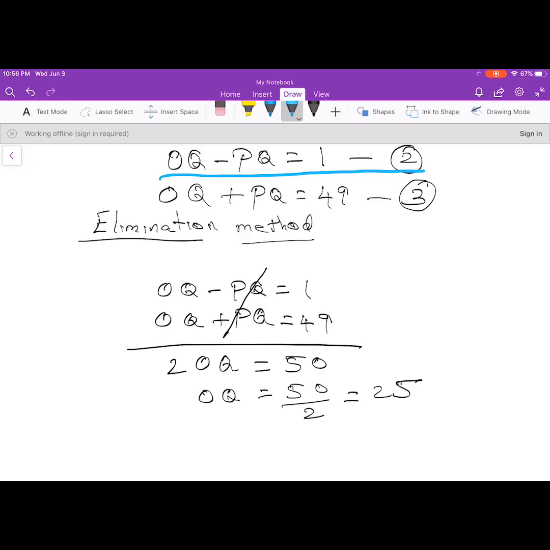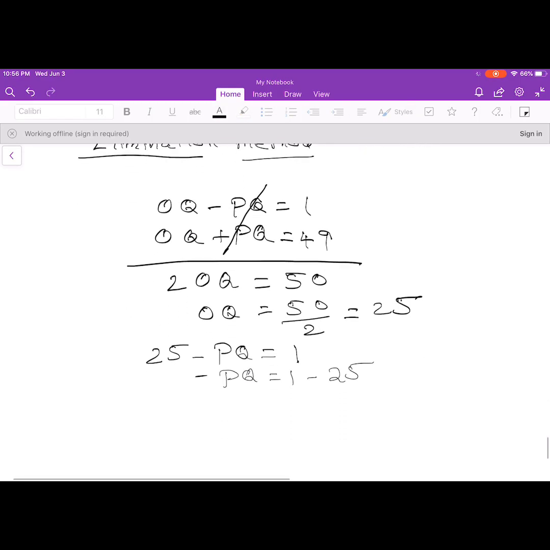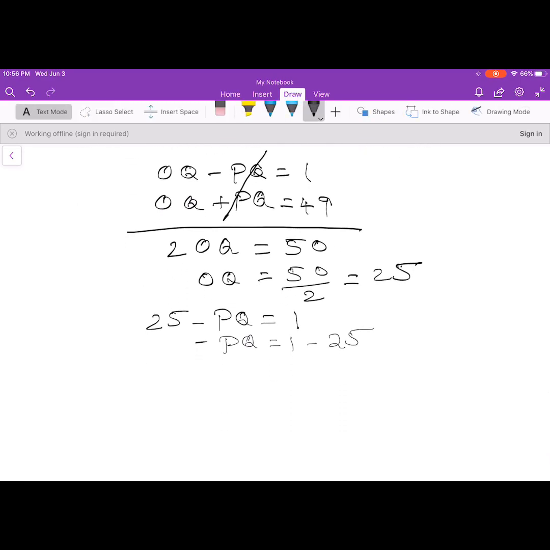In this equation, I'm substituting the value of OQ as 25. So 25 minus PQ is 1, minus PQ equal to 1 minus 25, minus PQ equal to minus 24, PQ equal to 24.